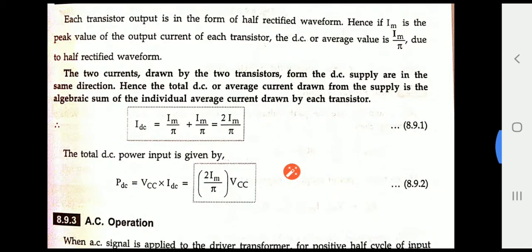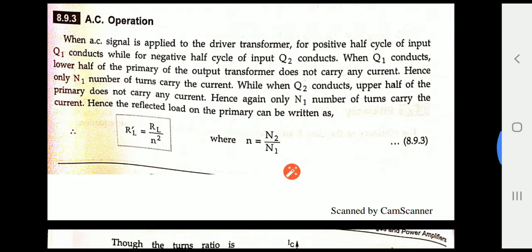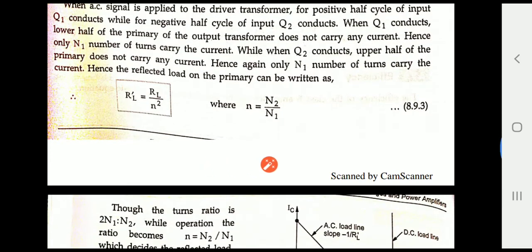Due to this, the reflected load resistance RL dash is given by RL by N square, as discussed in the transformer coupled amplifier, where the turns ratio is N2 by N1.